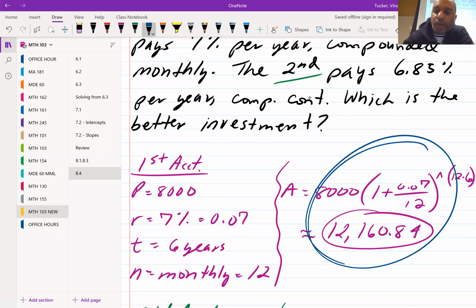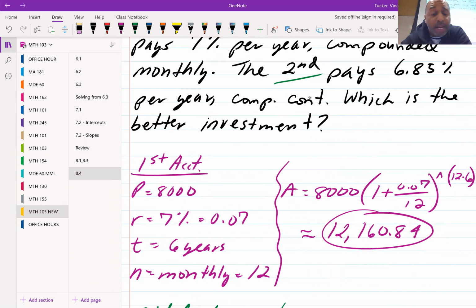This is our formula right here, plugging it in accordingly: 8,000 times 1 plus 0.07 over 12 raised to the 12 times 6 power. Performing the calculations in your formula gives you 12,160.84.